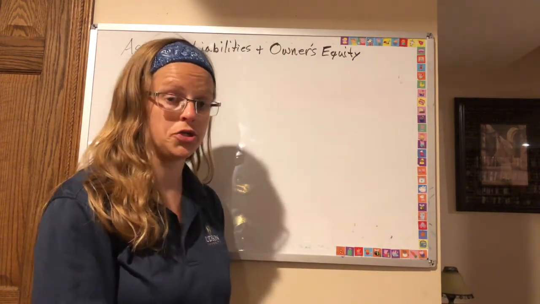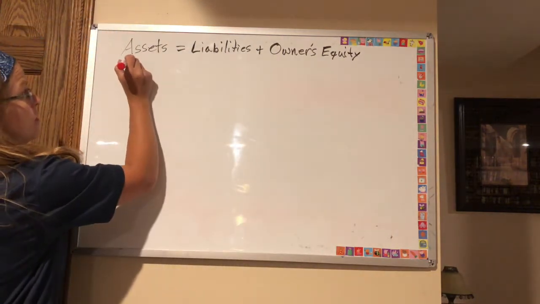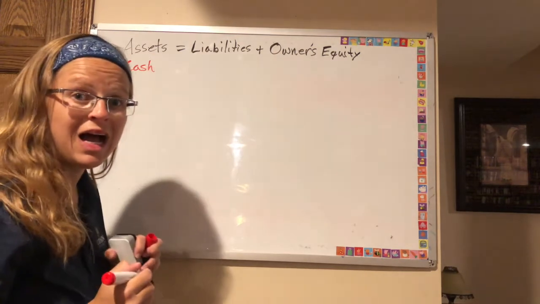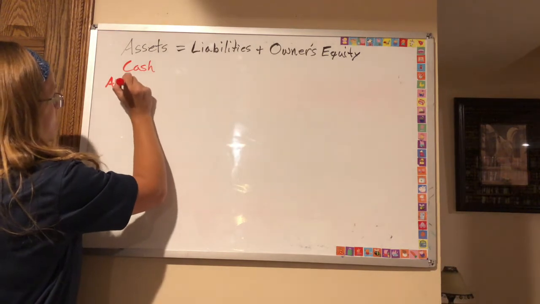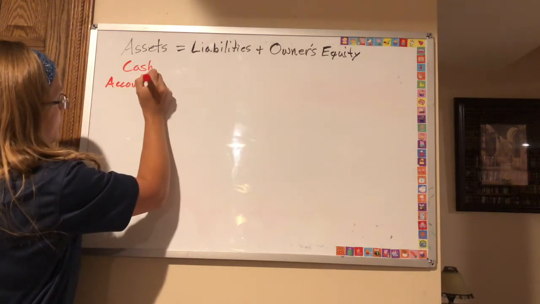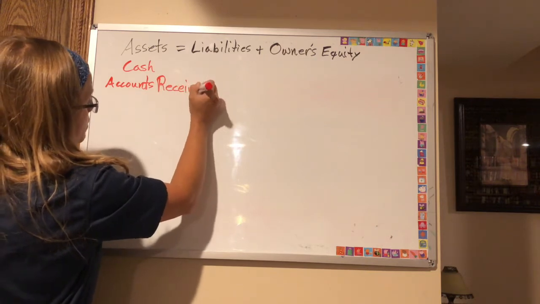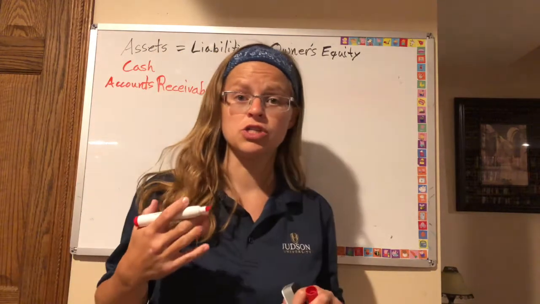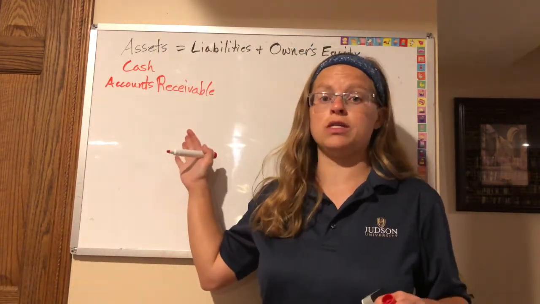Asset accounts include cash, and accounts receivable. Accounts receivable is basically money that is owed to your organization.